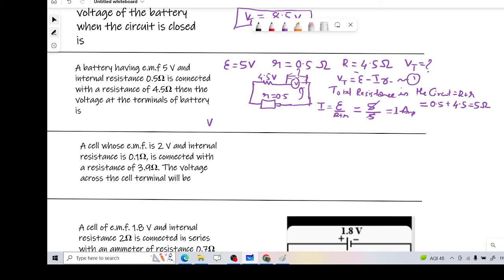So VT is equal to E, which is 5 volt, minus I r, where I is 1 ampere and small letter r is 0.5. So 5 minus 0.5 multiplied by 1 is 0.5, so 5 minus 0.5 is 4.5 volt. So this terminal voltage is 4.5 volt.